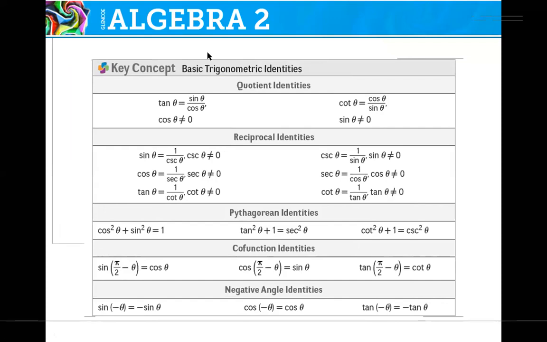This rule is representing what we need: tan square theta plus 1 equals sec square theta. I'll use this rule.